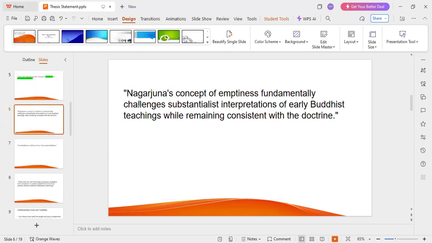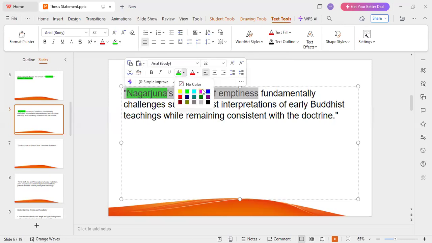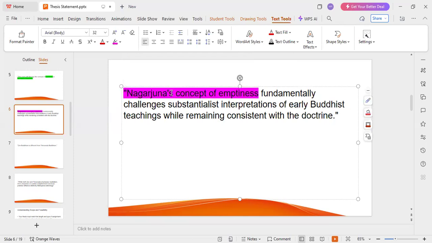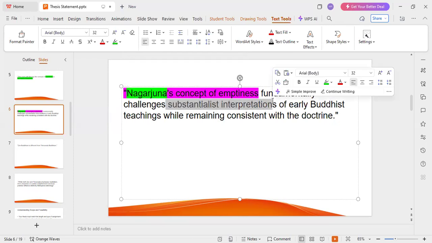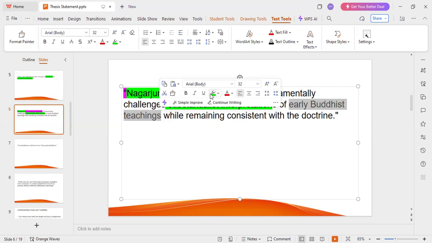But when you consider this one, Nagarjuna's concept is a keyword, and you can consider this one as one collective keyword, and specifically this one also, and this one, not just Buddhist teachings but also early Buddhist teachings.